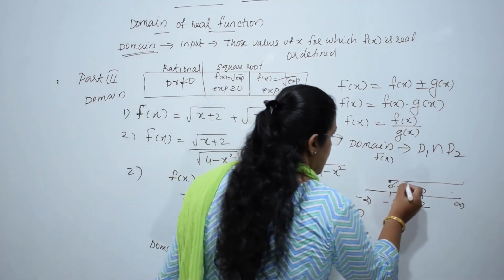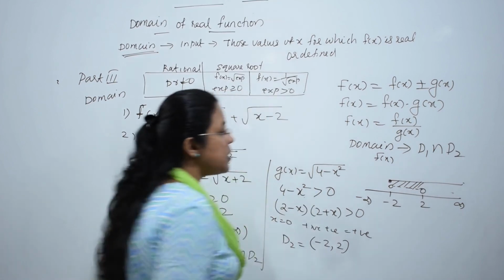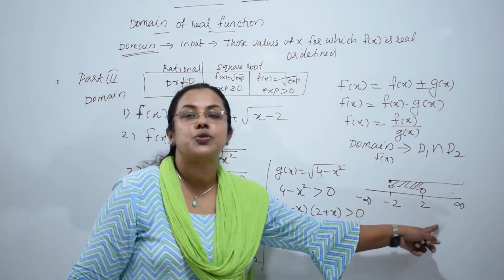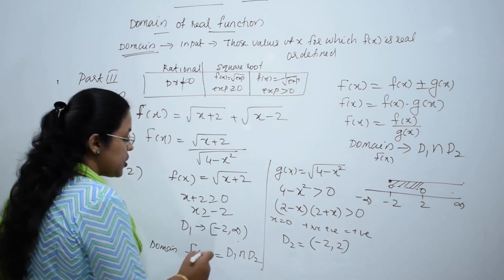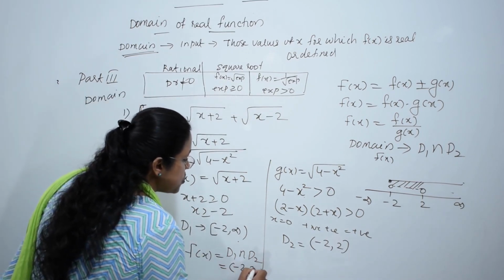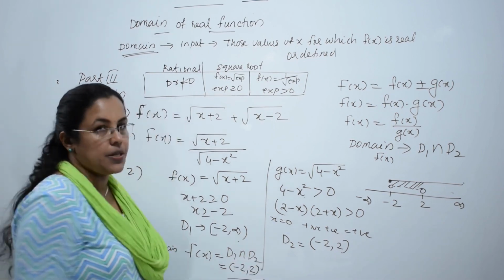So what is the region common to both? It is the open interval −2 to plus 2. So the domain of F(x) is the open interval −2 to plus 2.